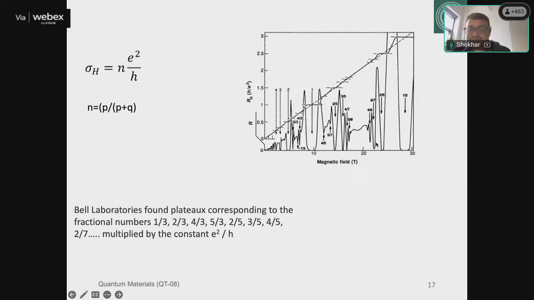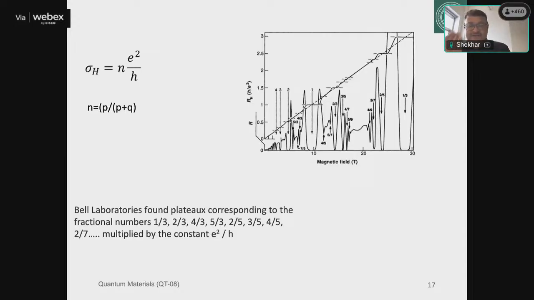All these phenomena are less than the number n, so that means the level is further going to quantize. That is again evidence of quantization, which is called fractional, not integer.